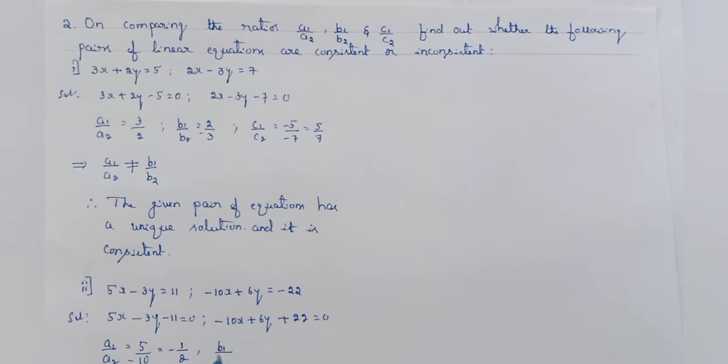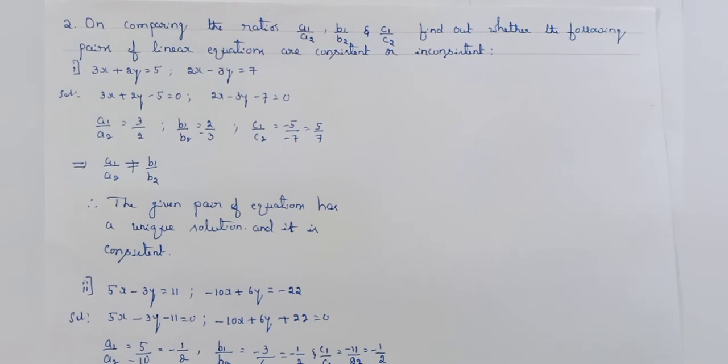Next, b1 by b2. b1 is minus 3, b2 is 6. This is equal to minus 1 by 2. And c1 by c2. c1 is minus 11 and c2 is 22. That is equal to minus 1 by 2.